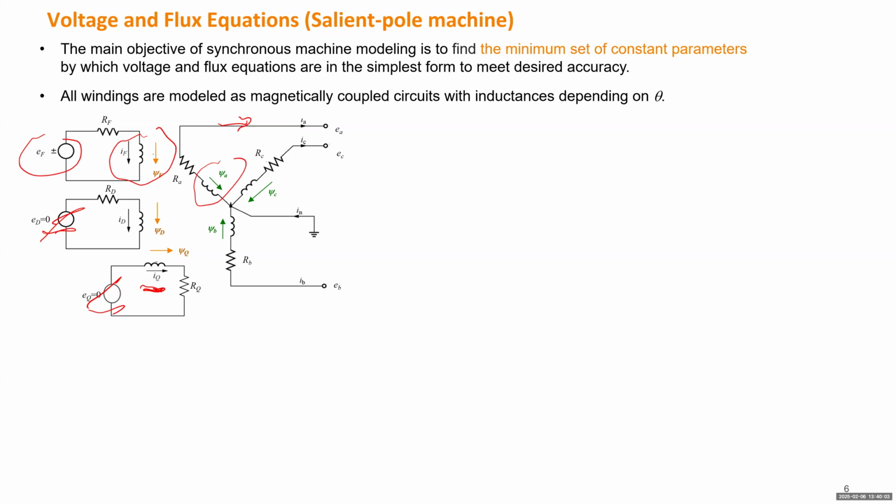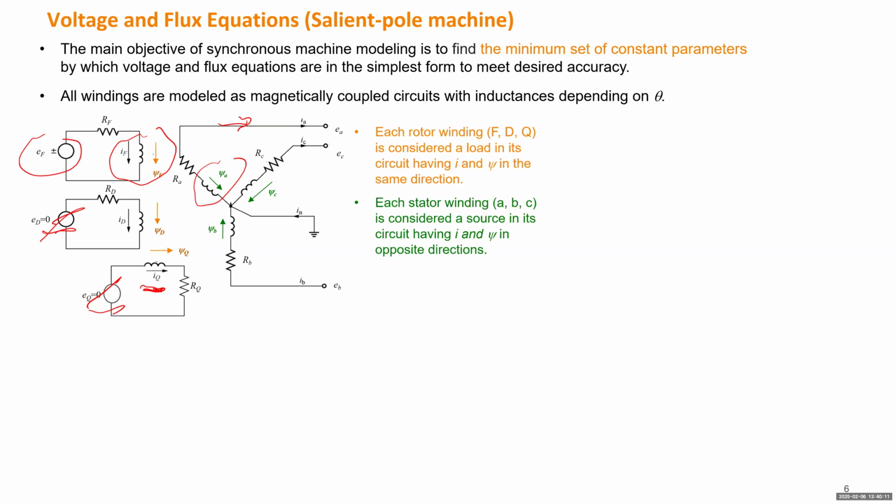Okay, so now we're ready to start writing the equation, similar to the way we do for the transformer circuit. For the field winding, the source will be the DC source to generate the field current, which is EF, and it is equal to the voltage drop on the resistance of the field winding, because we assume the field winding is not a superconductor, so it will have some resistance.